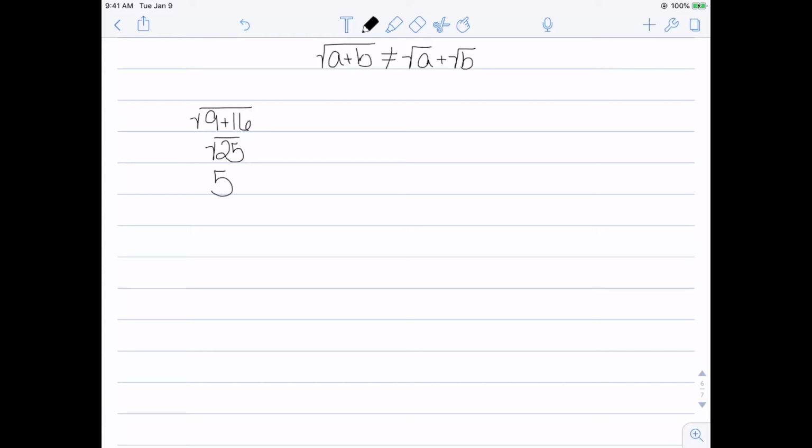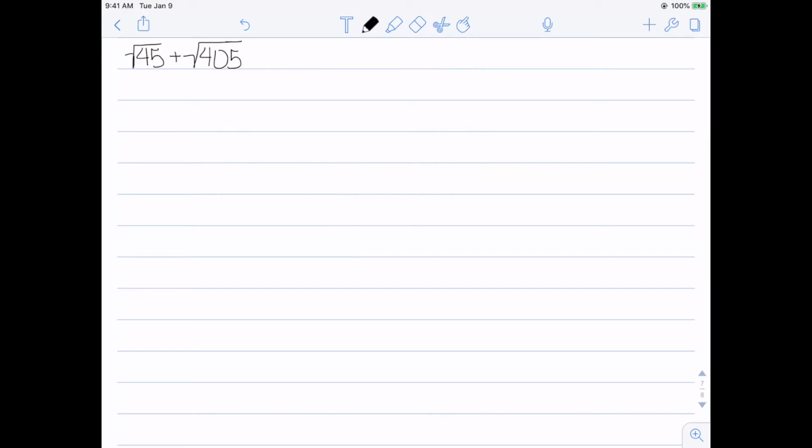And the square root of 25 is 5. On the other hand, if we try to break this up, the square root of 9 is 3, and the square root of 16 is 4, which would then add to be 7. And these are definitely not equal, so make sure you do not break a square root up over addition.